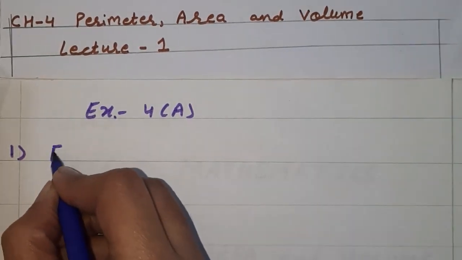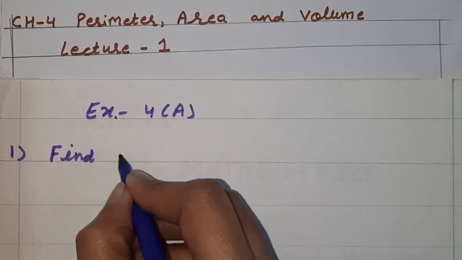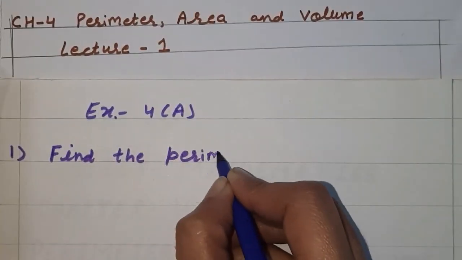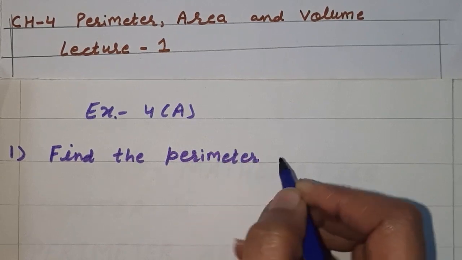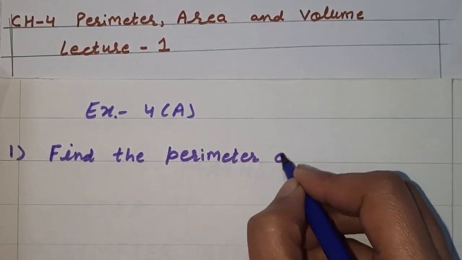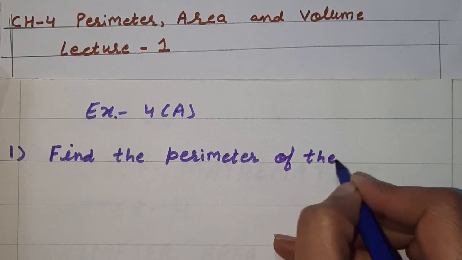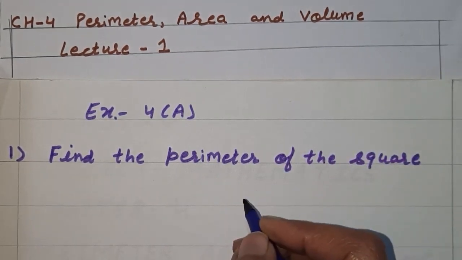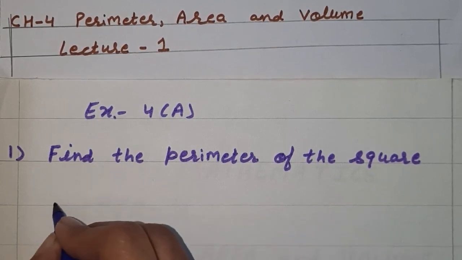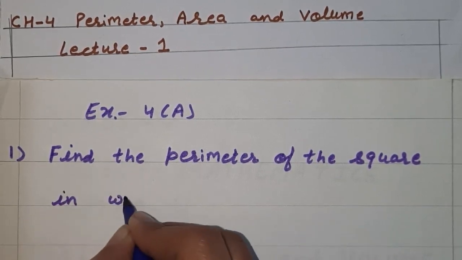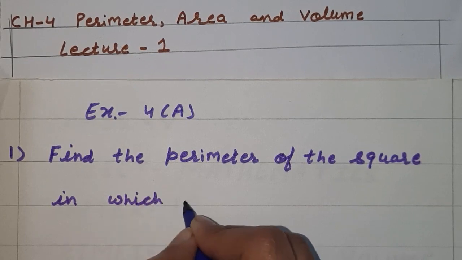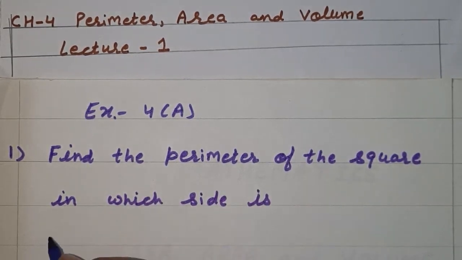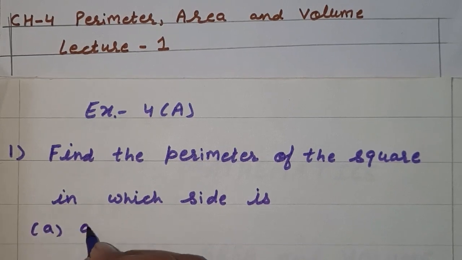Find the perimeter of the square in which side is 9 centimeter.